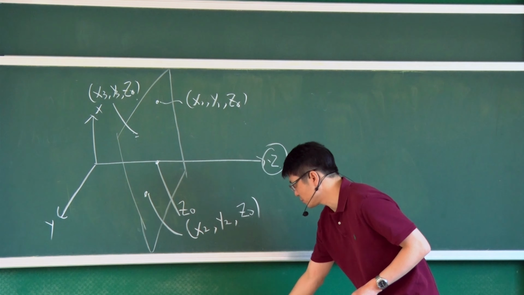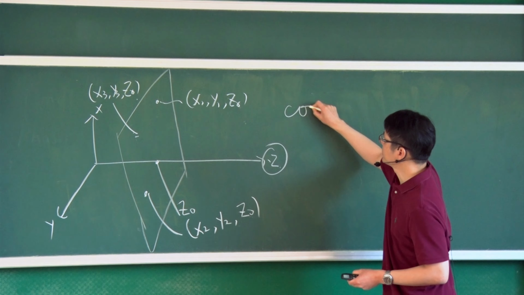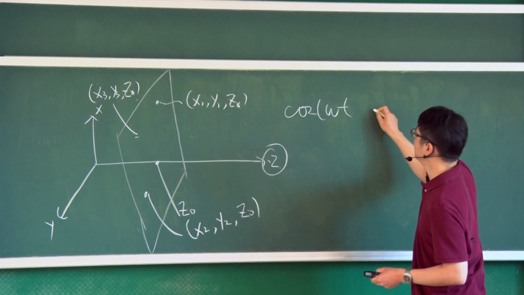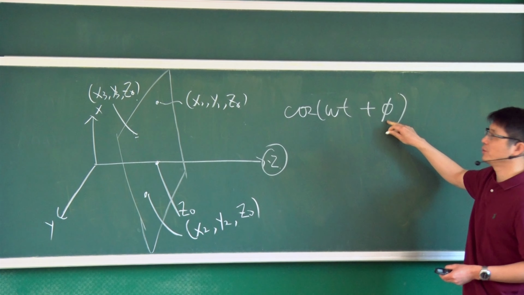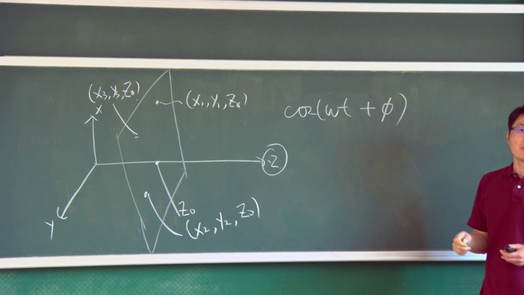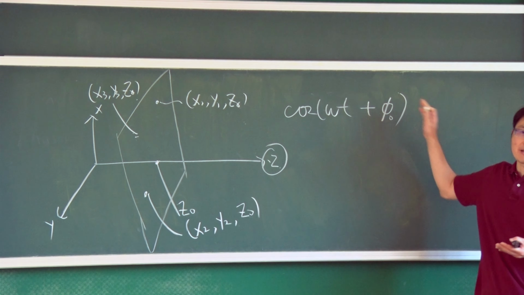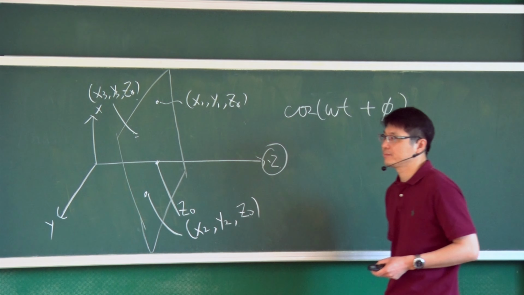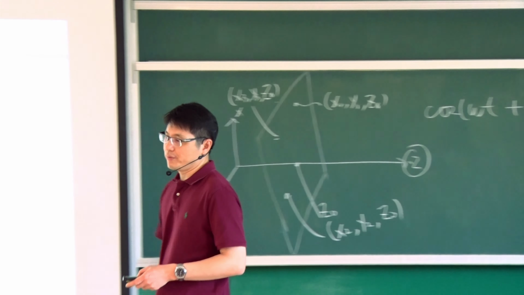What does phase mean? Well, you still remember cosine omega t plus phi, right? We talked about this. Phasor notation. So they're in phase. They have the same phase. Okay. So that's a plane wave.